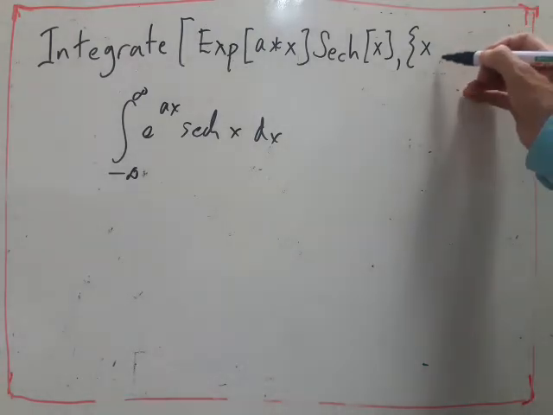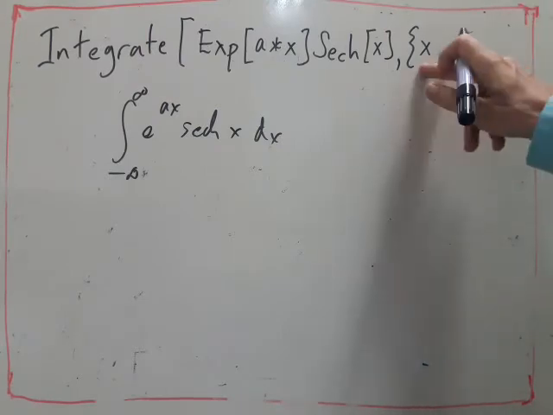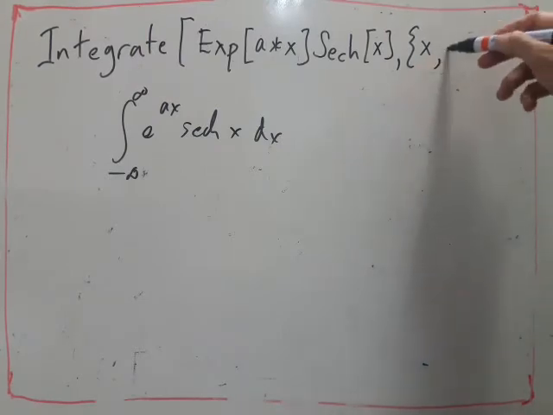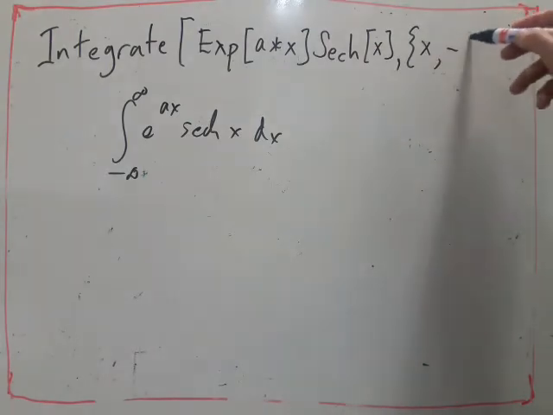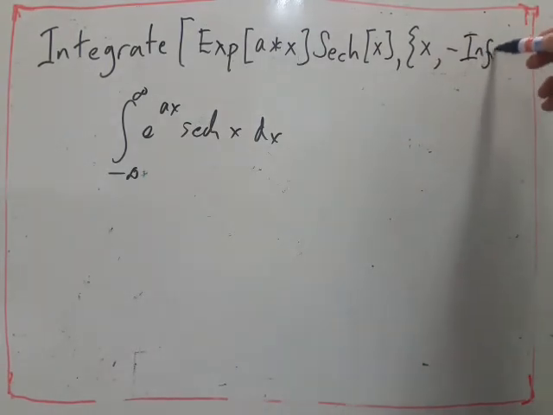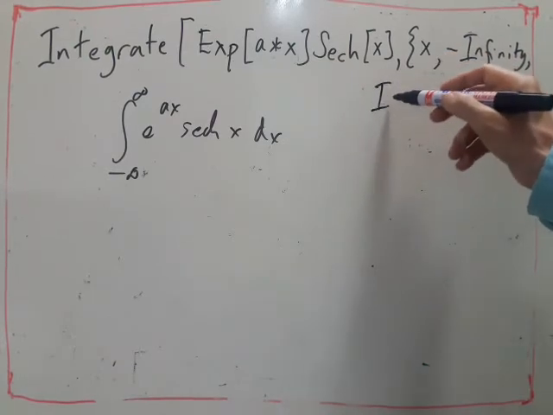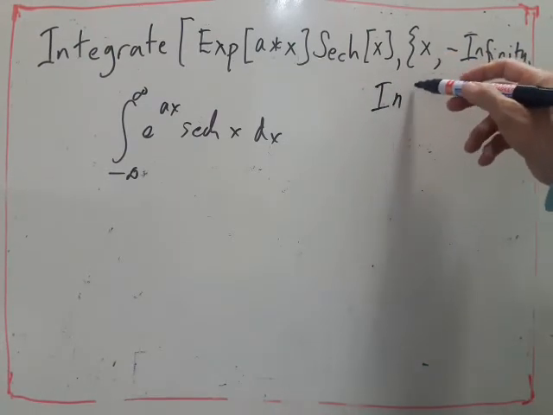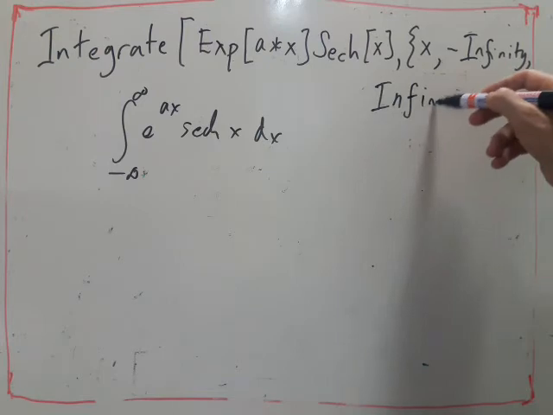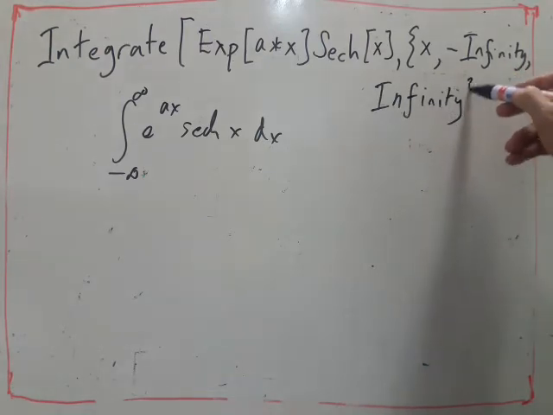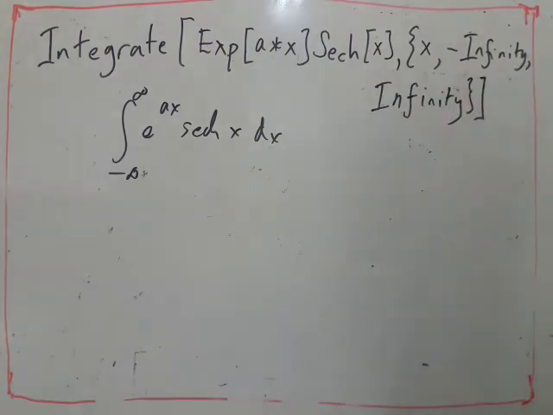With definite integrals, you do x, the integration variable, comma, and then in the case of infinity, you need to spell it out. So infinity. Notice it's different from LaTeX, which is just infinity to save writing. Infinity. And that will hopefully evaluate it for you. It could well give you conditions on A.